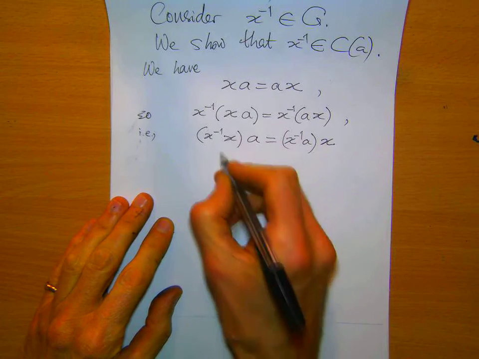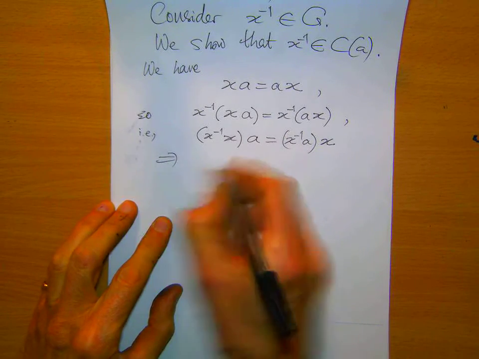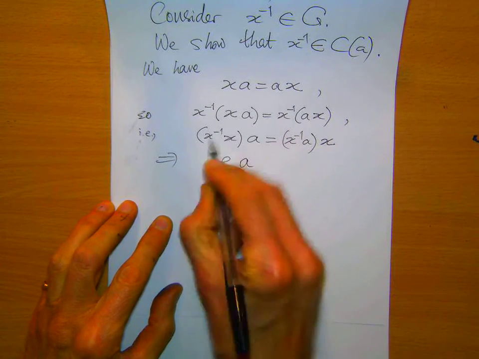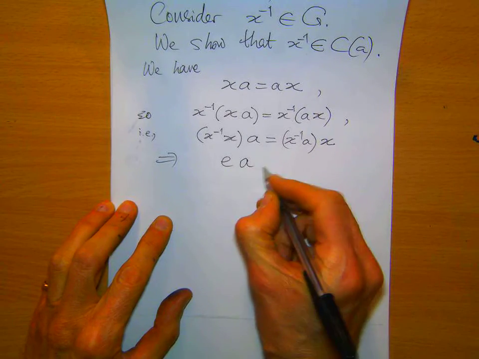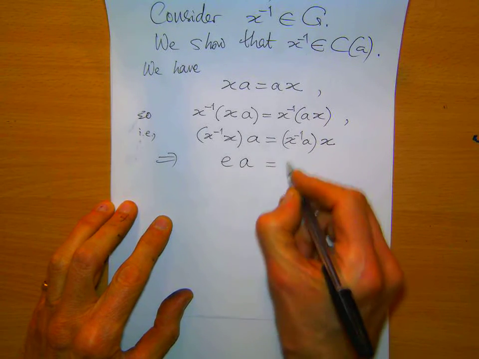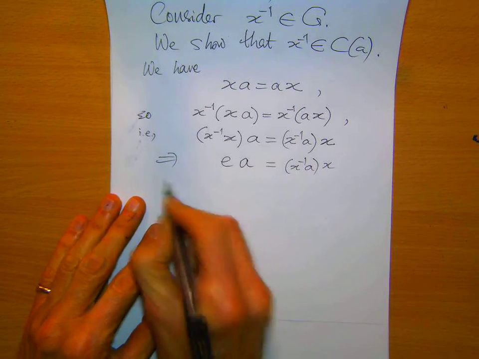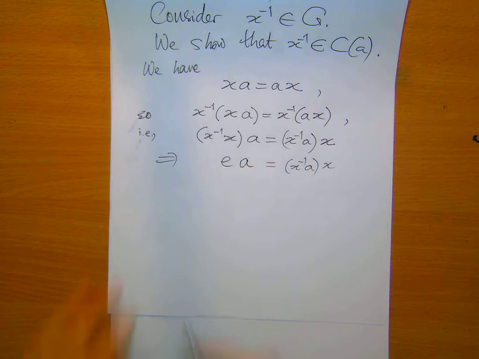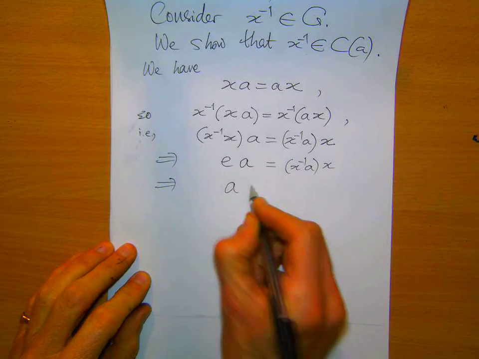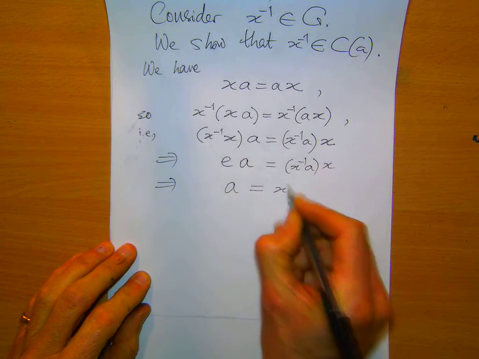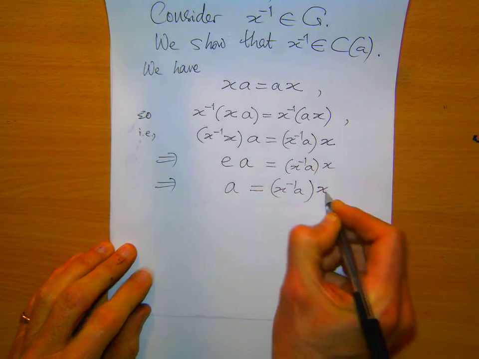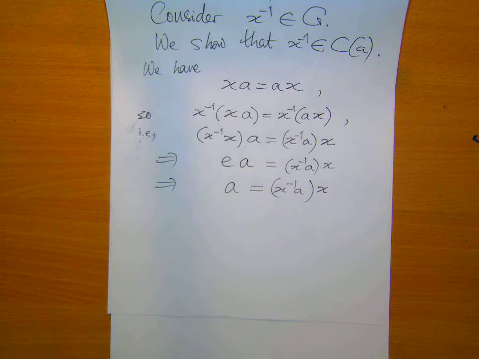So we get x inverse x, which is the identity element. So we get down to A is x inverse Ax, and so there I've used properties of the identity element.